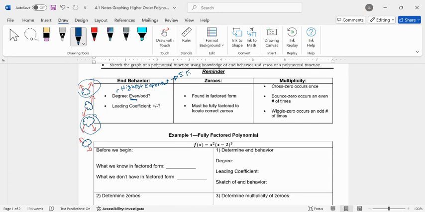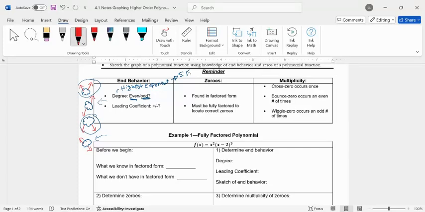So if you are even, there's going to be that symmetry of either both going up or both going down. If you are odd, you're going to look like x cubed or the negative x cubed. It's going to be the opposite. Think odd opposite. One side's going to be going up, the other side's going to be going down with your end behavior. So that just helps us determine if the two sides, left side and right side, will match.